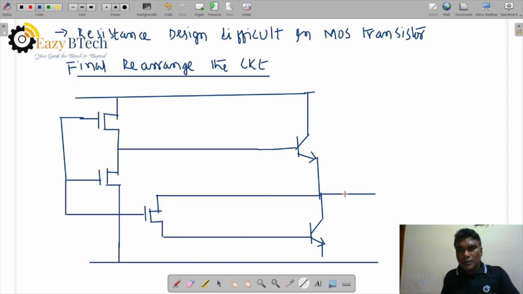And we have the load capacitance, and one more transistor here, reducing the base voltage. Now we can take the input terminals.